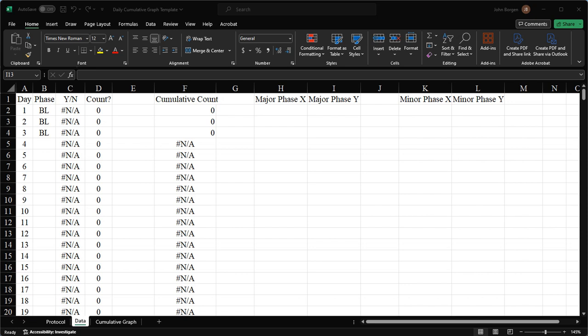A cumulative graph is best used when the behavior can occur or not occur. It can be a yes or a no, that it happened or it didn't happen, but those opportunities don't happen very often. Probably the most common way a cumulative graph will be used is if the behavior can only happen once a day.